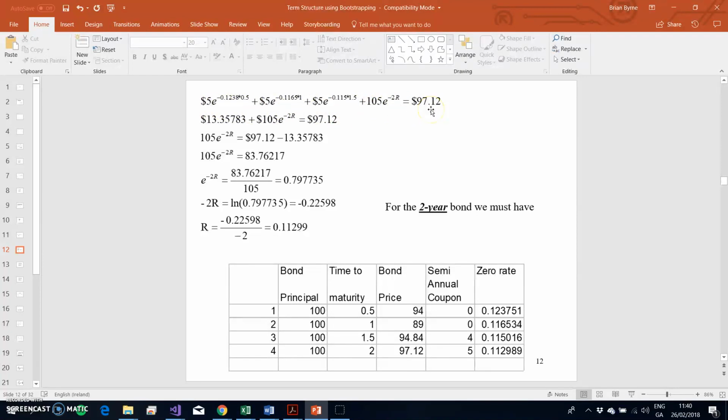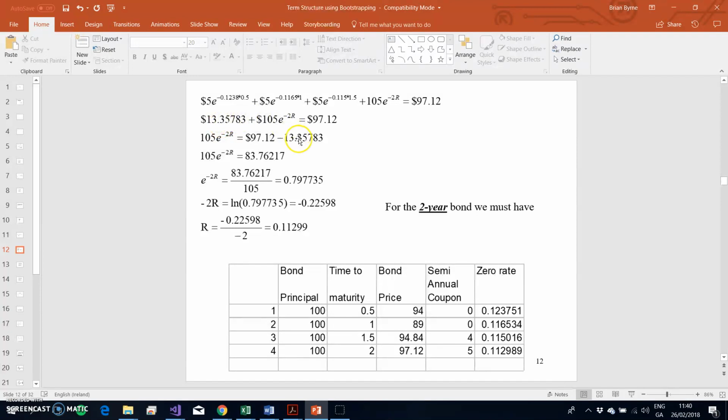The bond is currently selling for 97.12. We have only one unknown to solve for here, and it's R. We can take the coupon payments in the bond, discount them at their respective rates of interest, and get the present value of the coupons.